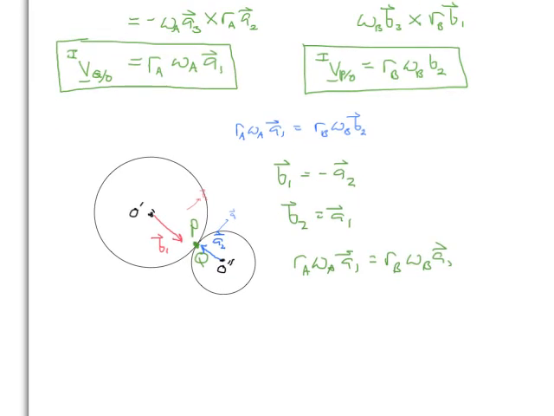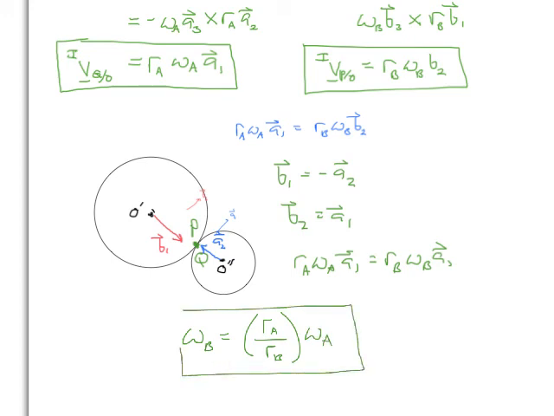And then the relationship between these parameters is omega B is equal to r sub A over r sub B multiplied times omega A. So what we see here is that the angular speed of gear B is equal to the ratio of the radius of gear A divided by the radius of gear B multiplied times the angular speed of A.